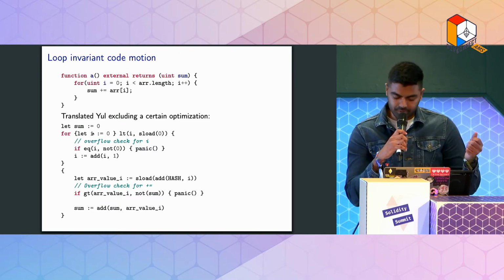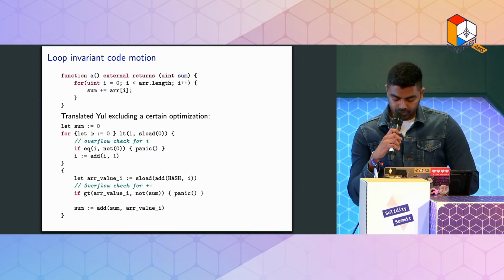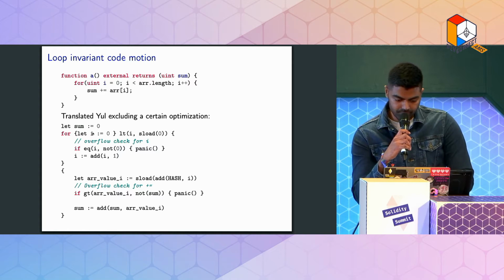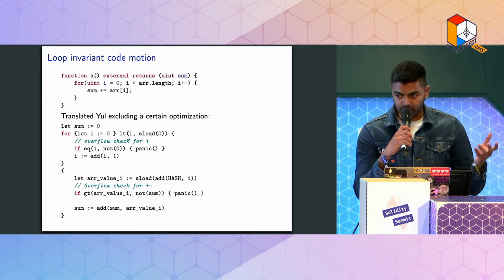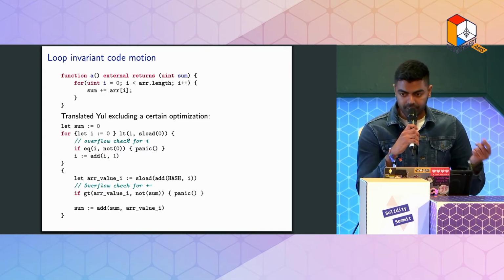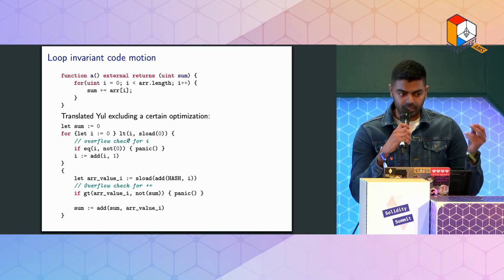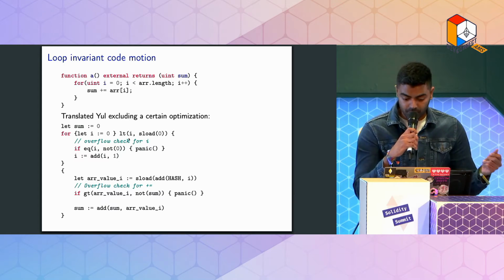For loops are well-defined in the UL. So the for loop in UL would look like this. You initialize i to 0, and then the loop condition would be checking if i is less than s0. What is s0 anyway? s0 is the length of the array, assuming that the array length is stored at storage slot 0.